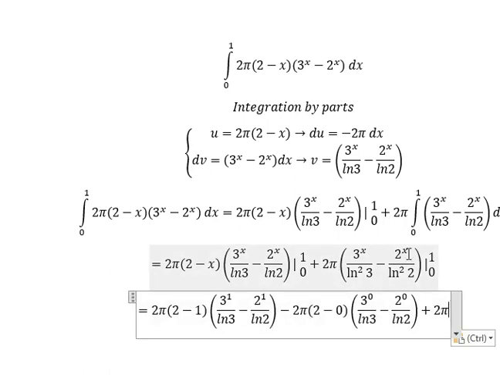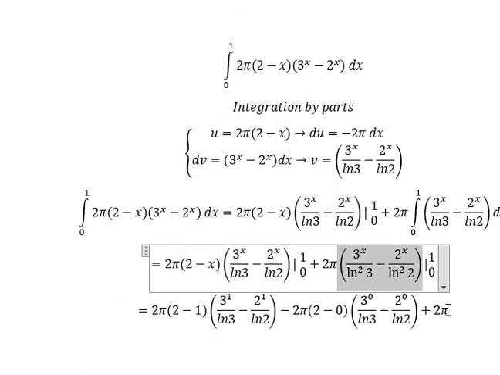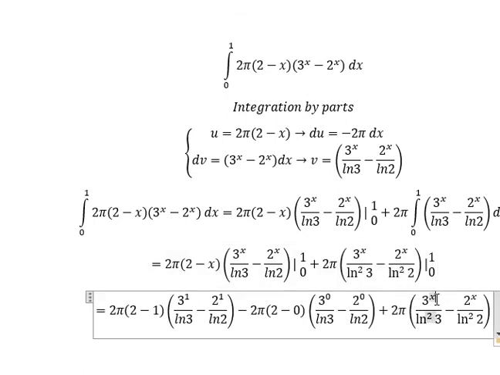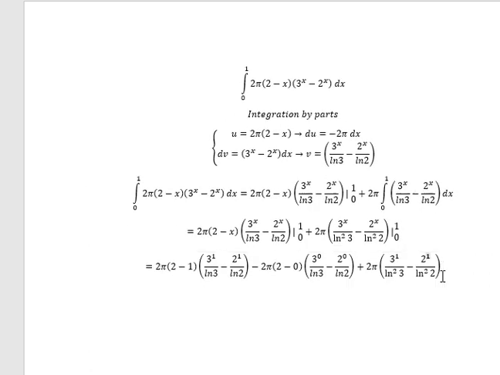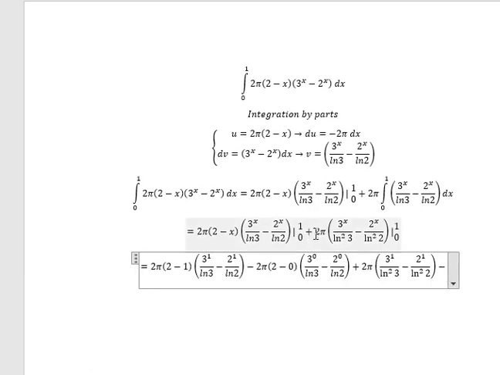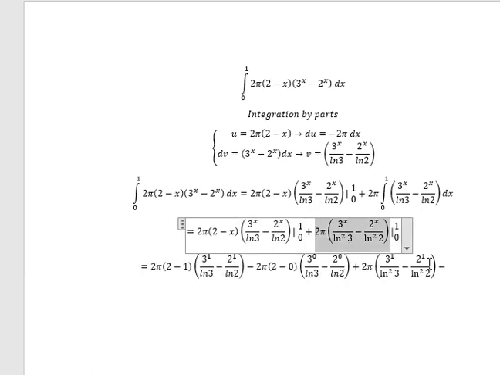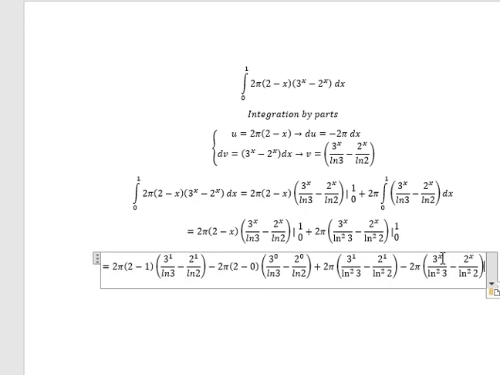So I will put number 1 in here. And number 0 in here.